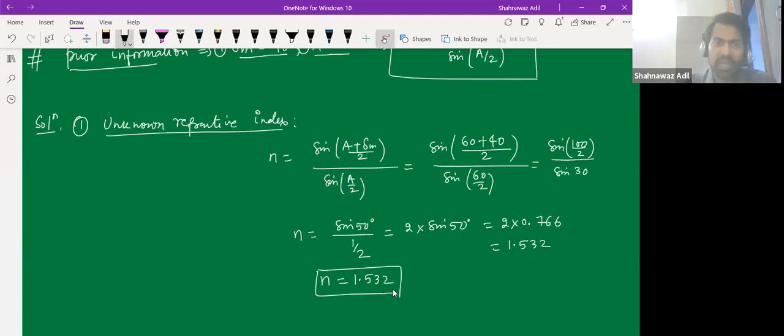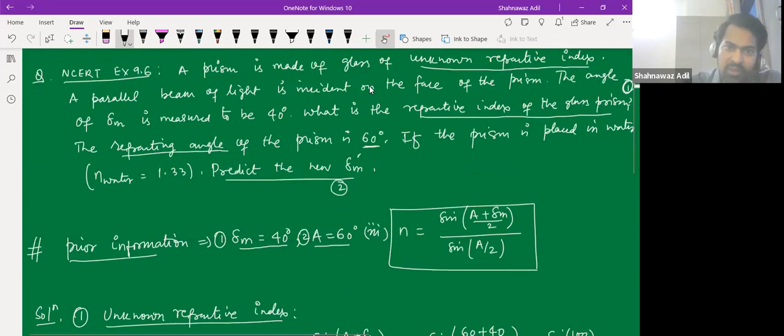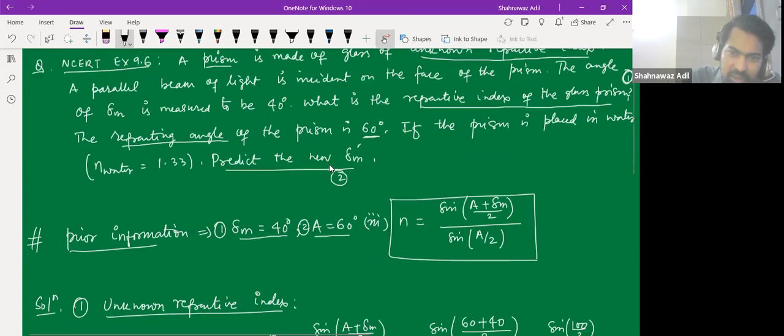Mayam had solved this problem. What did you get, Maya? Yeah, 1.53, sir. Good, that was the correct answer. Now in the second part, we have to calculate the new delta M when we place this prism in water.